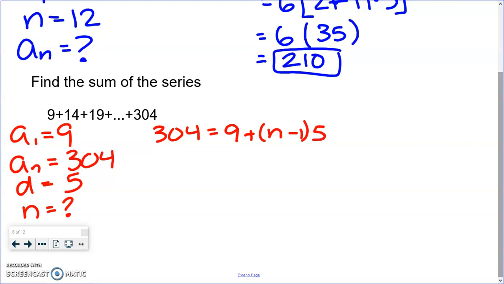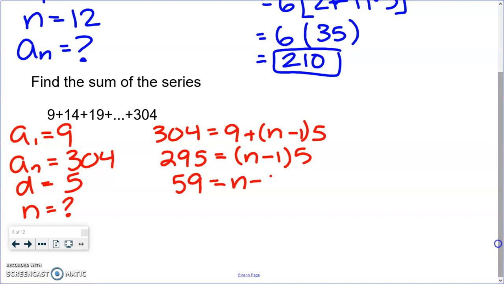Solving for n here. So there are 60 numbers in this series.